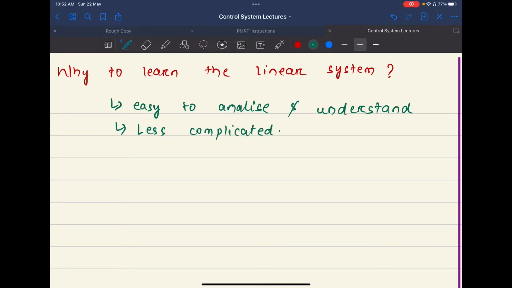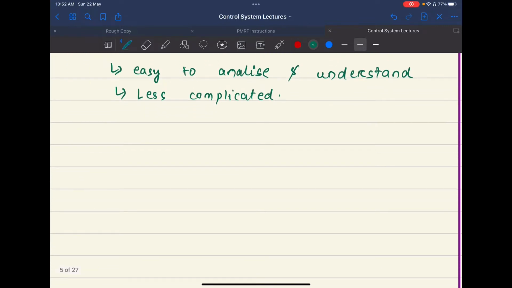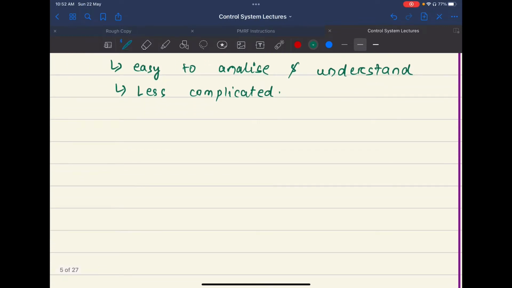And the beautiful property that a linear system has, like I had mentioned, one is homogeneity, and another is superposition.